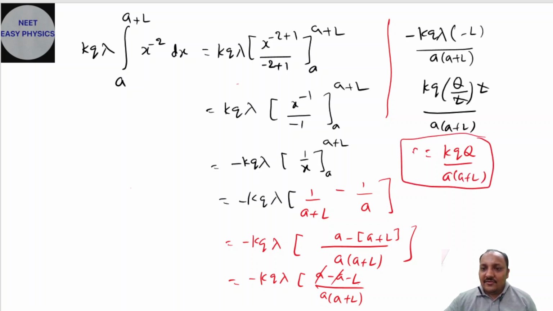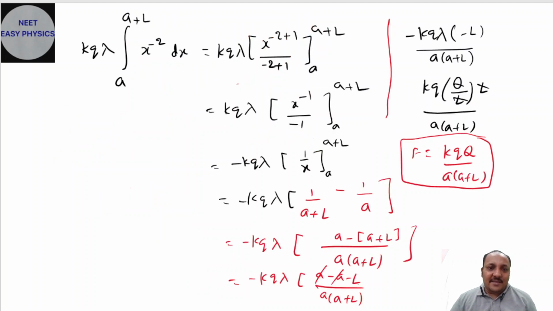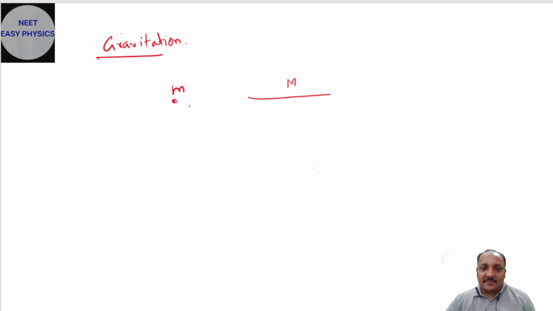This is the force. But we already got it earlier, so you will save your entire time by remembering this logical equation. Not only here, the same question you will get in gravitation also. What is the gravitational force between a point mass small m and a wire having mass capital M and length L, separated by distance A?